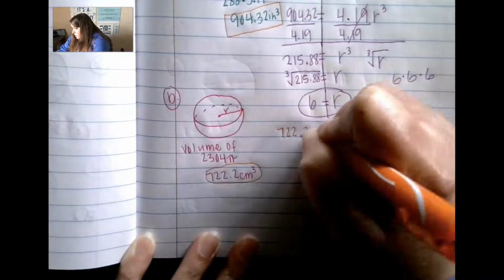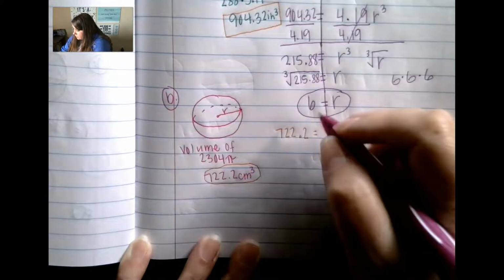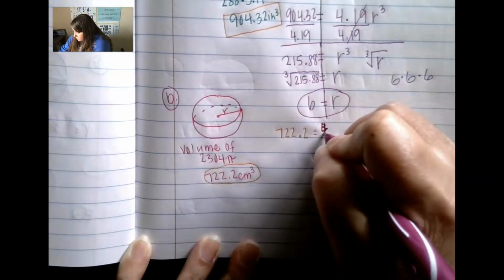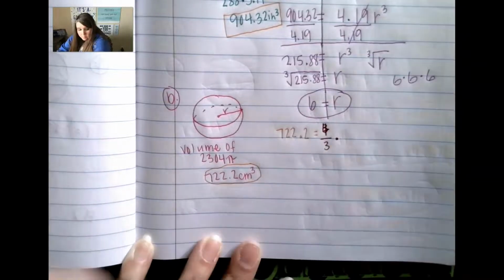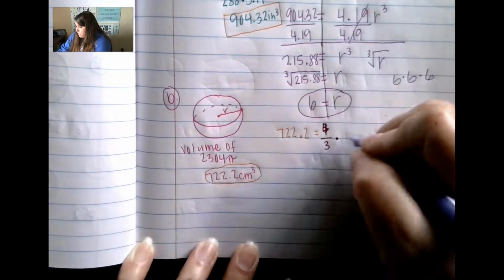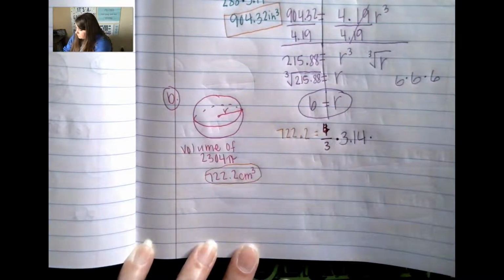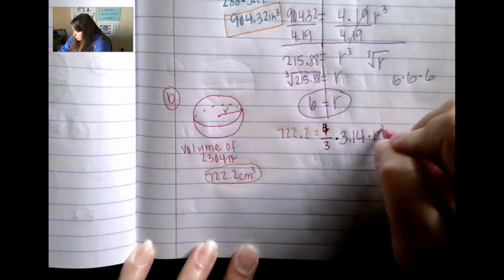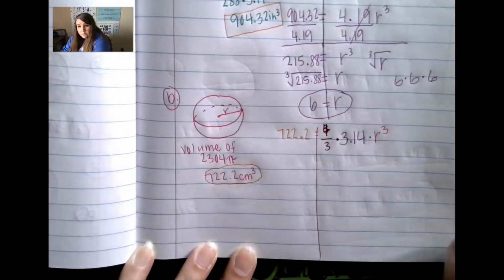I'm going to set this equal to 4 over 3 times 3.14 times r cubed.